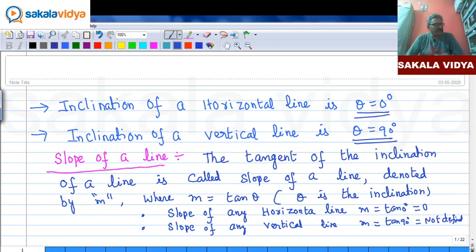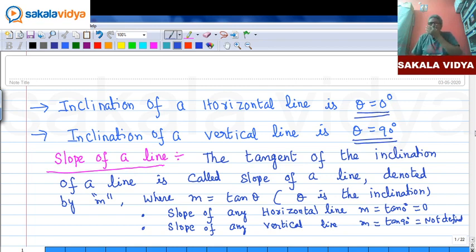That means slope of a vertical line is not defined. Slope of a horizontal line is 0. So, understood now. The slope is a ratio, it has no units, you remember. Slope does not have any units, whereas theta, the inclination, may be in degrees or radians.